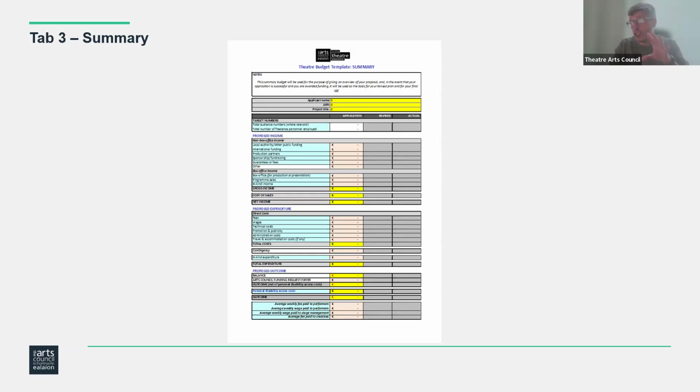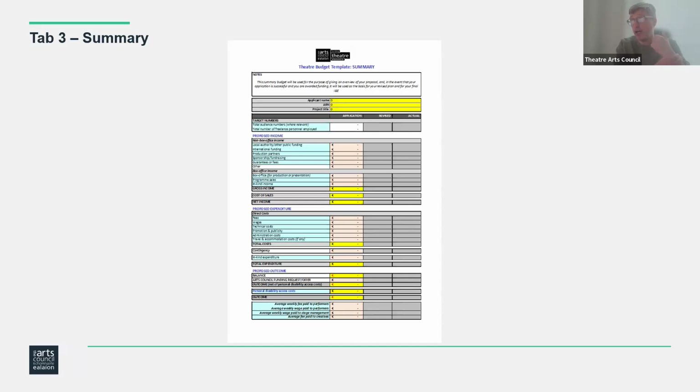It's a good place for you to double check, to look to see if there are any figures that might seem off to you, which would indicate, okay, there's something going on in the budget detail that I've missed or that I've put a figure in wrong or something like that. So it's a good opportunity for you to review and just to double check for yourself that all the figures are coming out the way that you expected them to.